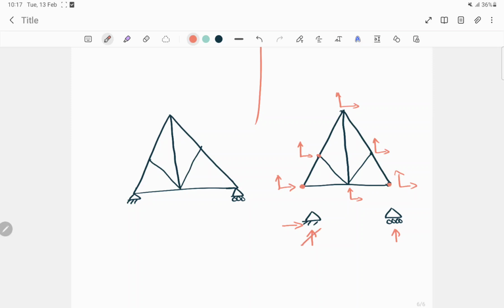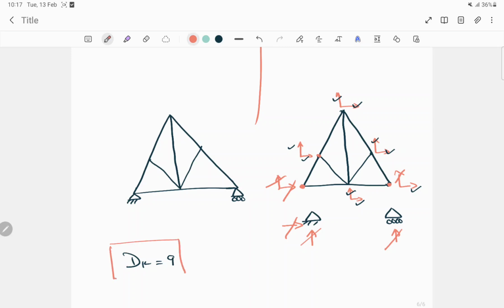So this force and this force will get cancelled in this case, and this force and this force will get cancelled here. For the roller support, this upper force and this upper force will get cancelled. So how many forces are remaining? See, 1, 2, 3, 4, 5, 6, 7, 8 and 9. So here the dk value is 9.